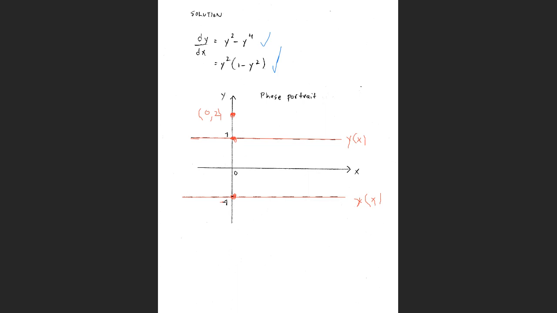Is the derivative positive or negative when y equals 2? Negative. Right. That is correct, Thomas, because if you substitute in y equals 2 here, yes, y squared is going to be positive, but 1 minus y squared is going to be negative. And in fact, for any y value greater than 1, the derivative is going to be negative because of the 1 minus y squared term.